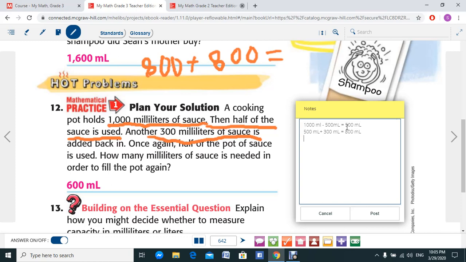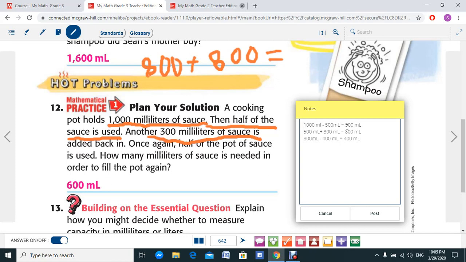So again, they used half of it. So what is half of 800 milliliters? Yes, 400 milliliters. So the pot now has only 400 milliliters.